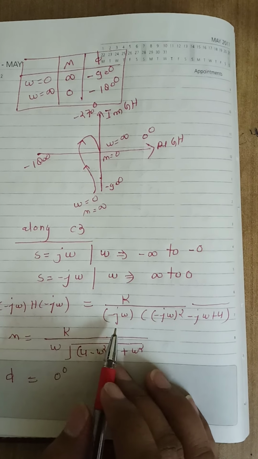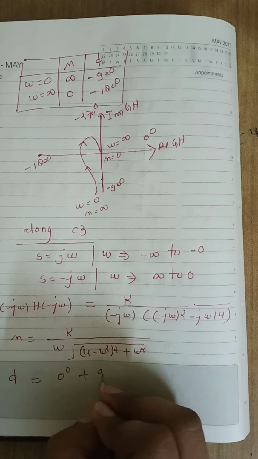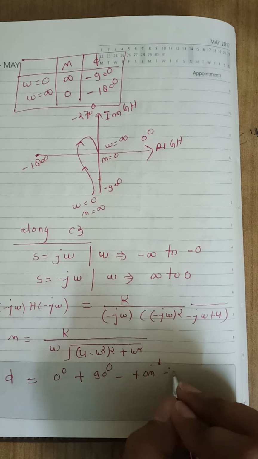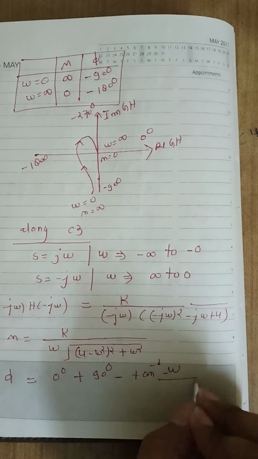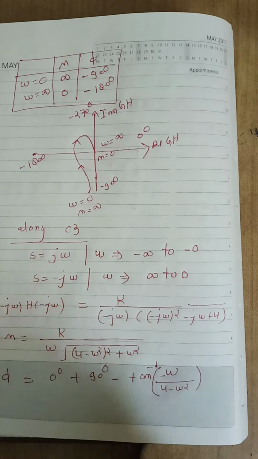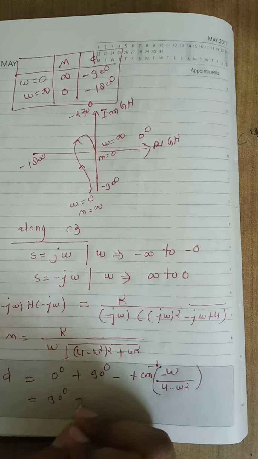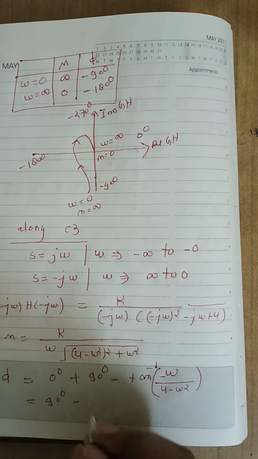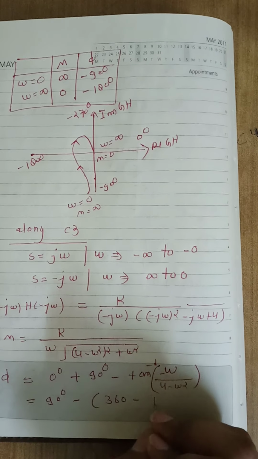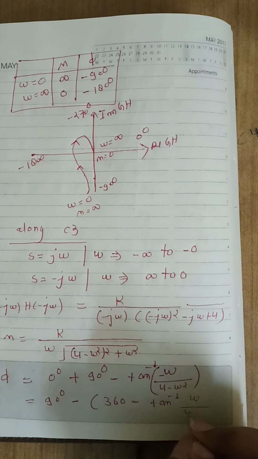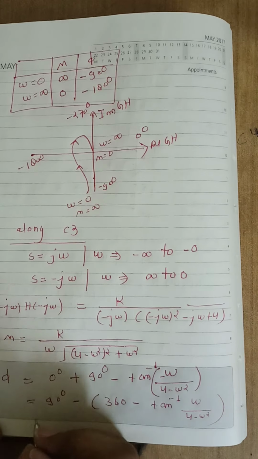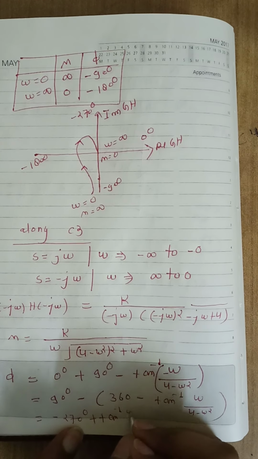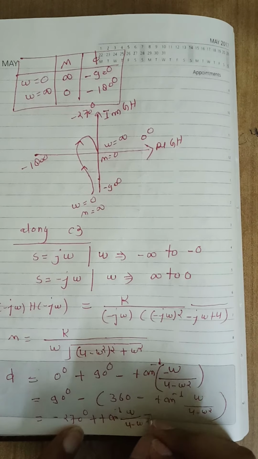But this term we have in denominator polynomial, so phase angle becomes plus 90 degree, minus tan inverse minus omega divided by 4 minus omega square. 90 degree minus phase angle for tan inverse minus omega over 4 minus omega square we can write with the help of 360 degree minus tan inverse omega over 4 minus omega square, or we have minus 270 degree plus tan inverse omega over 4 minus omega square.